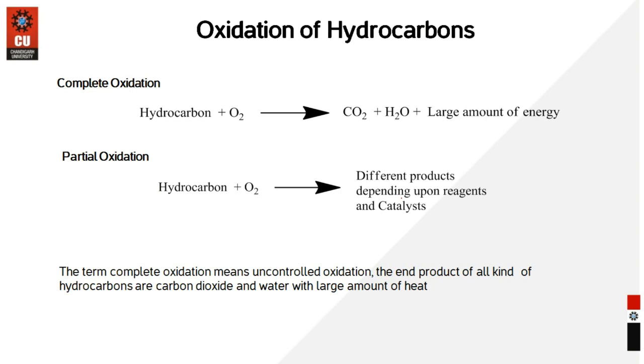So oxidation means combustion, right? Combustion means something uncontrolled. So if we have a hydrocarbon, in the first step we are going to oxidize. In the next case also we have a hydrocarbon, and I am again going to oxidize, right?